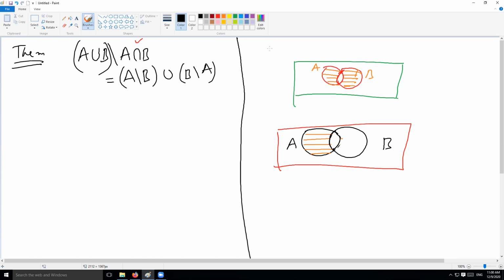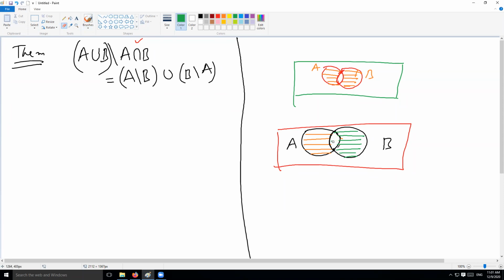And then what is the next thing? The next thing is really take B and remove A from it. So let's take the entire B. That's my entire B. And from this B, remove that part which is common with A. So which is the part that is common with A?